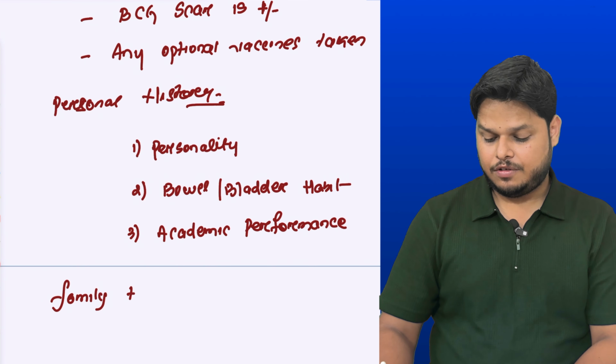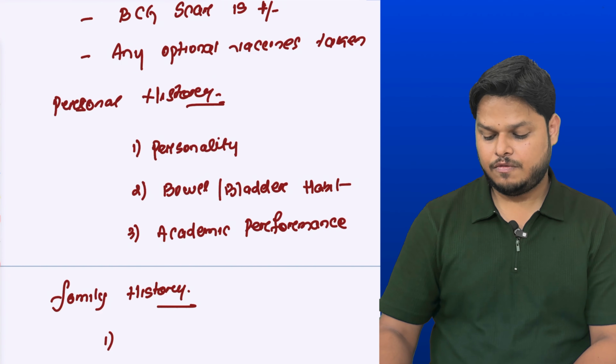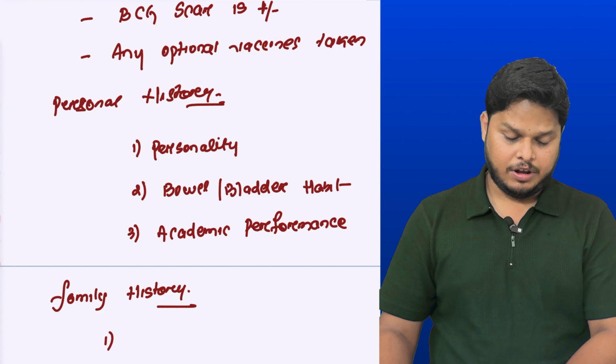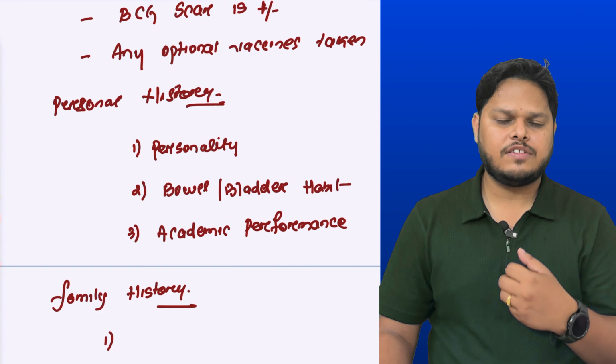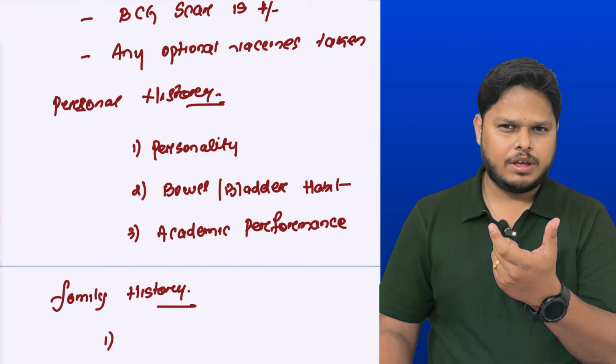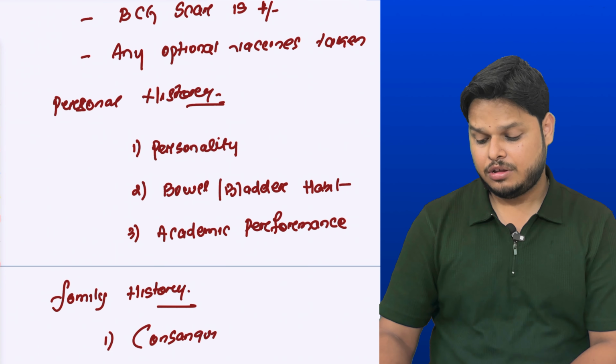Now we come to family history. What do we ask in family history? First, very important, if we ask this particular question in family history, we get a brief idea about the disease of the patient. What is that? Consanguinity.